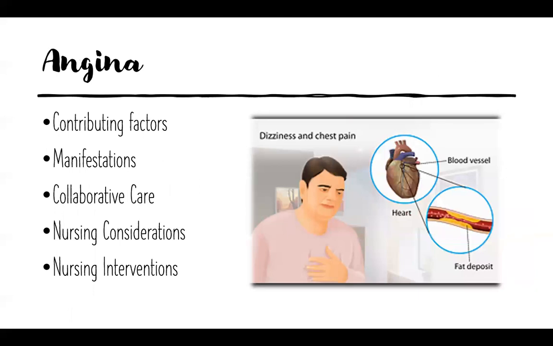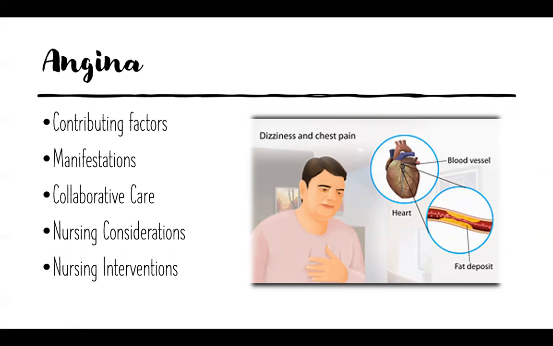Angina is a manifestation of myocardial ischemia caused by arterial stenosis or blockage, uncontrolled blood pressure, or cardiomyopathy. I'll say it again. Angina is a manifestation of myocardial ischemia caused by arterial stenosis or blockage, uncontrolled blood pressure, or cardiomyopathy.